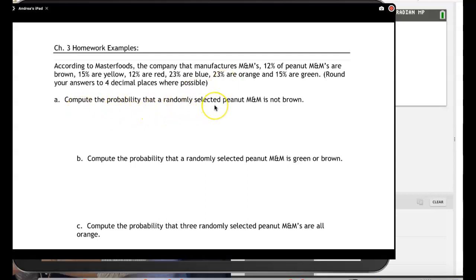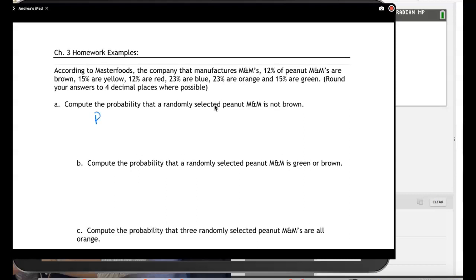Compute the probability that a randomly selected peanut M&M is not brown. So the probability that it's not brown, we use the complement rule. So the brown and the not browns are all going to add up to 100%. So we'd say 1 minus the probability it's a brown. Remember that complement rule?